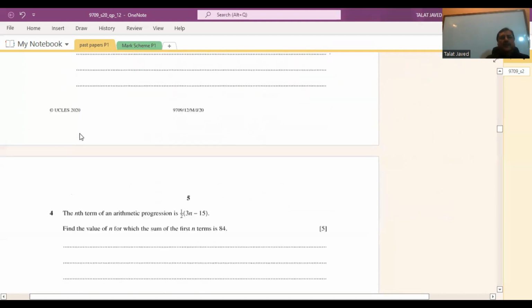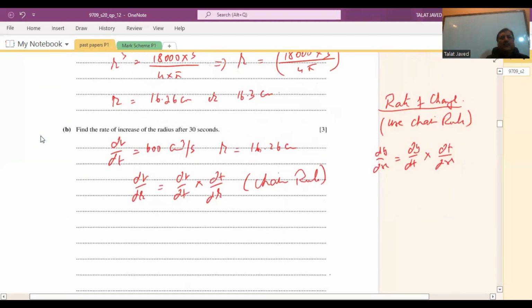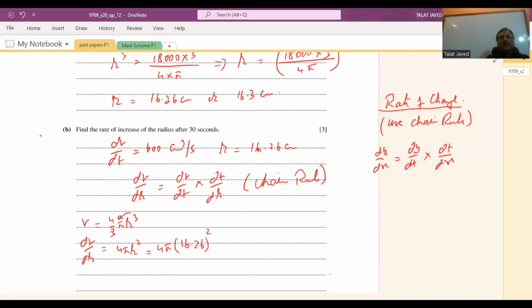We have to find dV over dr. Volume is 4 over 3 pi r cube. When we differentiate with respect to r, the 3 cancels with 3, and we get 4 pi r square, which is 4 pi times 16.26 square.